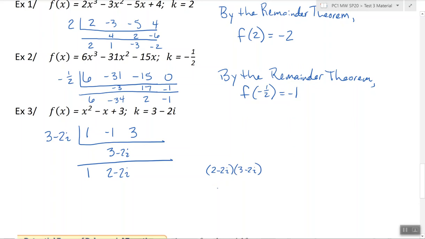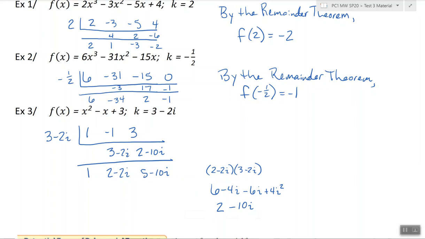Double distribution. So I have 6, -4i, -6i, and a +4i squared. So this becomes a -10i. This becomes a -4 plus your 6 is 2. So this times this is 2 minus 10i. And then I have to combine down, so I get a 5 minus 10i.